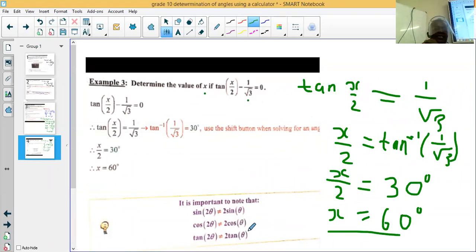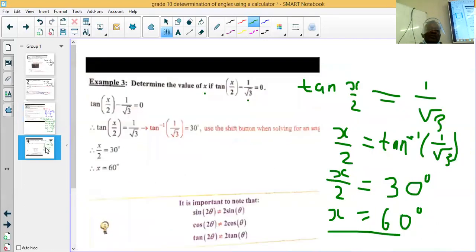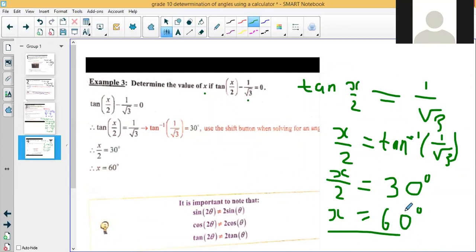Now, at this point, if you look at the topic that we're looking at, they are saying trigonometric equations. This is where we end with the trigonometric equations in grade 10. But in grade 11 and 12, we are going to add something here. You remember the graphs that we drew of cosine, sine, and tangent.